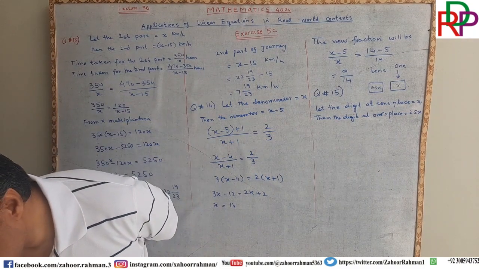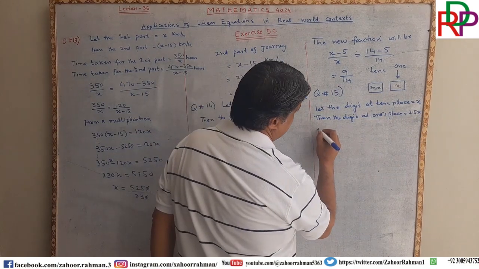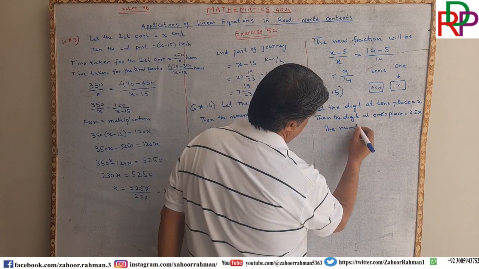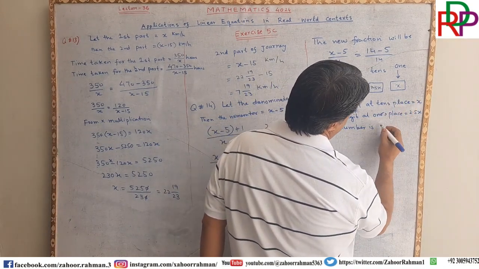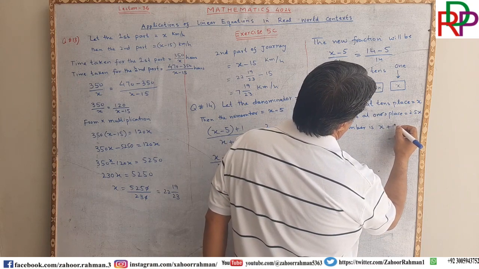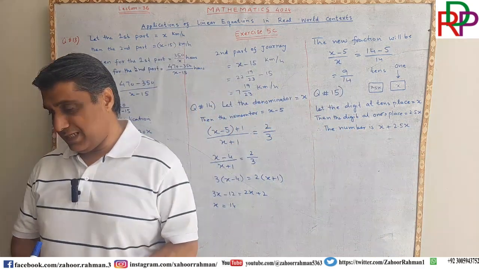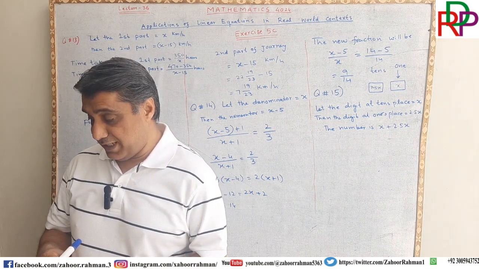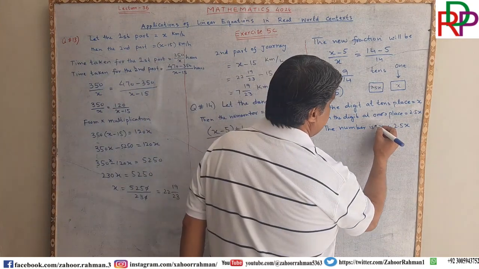Then first we have to see that the number is x plus 2.5x, but this x is at the tens place.